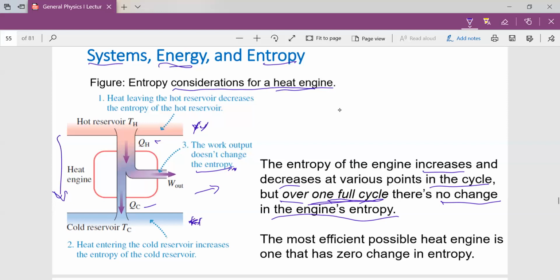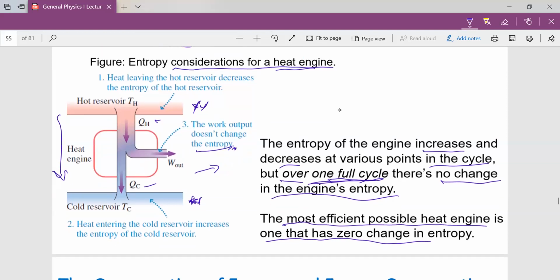So we can only make the most of the heat engine by, like we said earlier, maximizing the efficiency of that engine. That is making it to give us higher output with little input, okay?